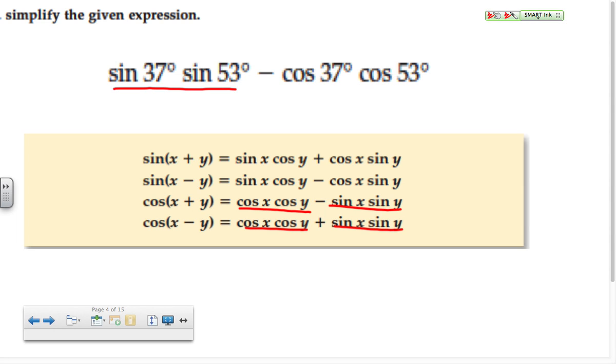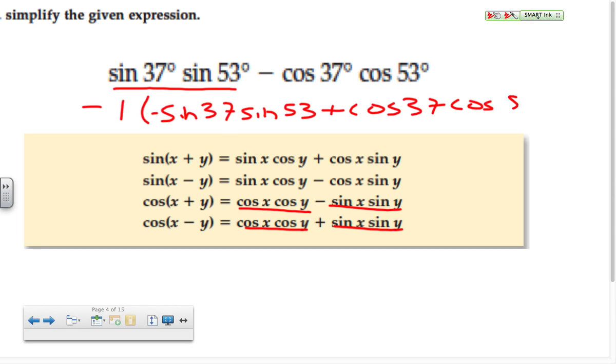So what we're going to do is rewrite this so that we can use one of these two. I'm going to factor out a negative 1. I'm going to go negative 1 times, now it's negative sine 37 sine 53, and now it's positive cosine 37 cosine 53. So now I've changed where my negative is, so I can use the cosine of x plus y identity.